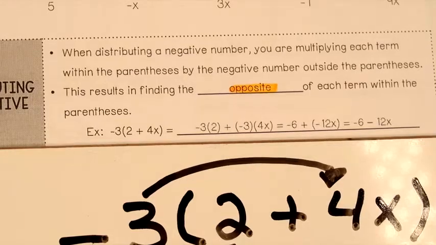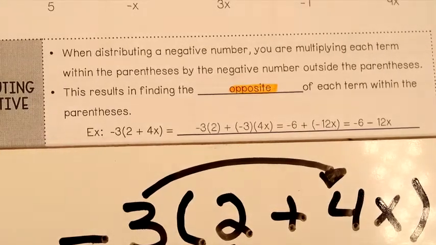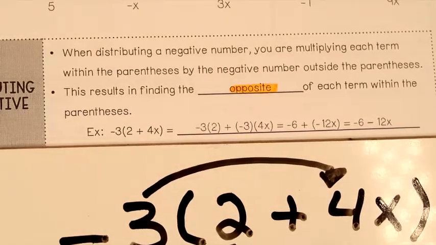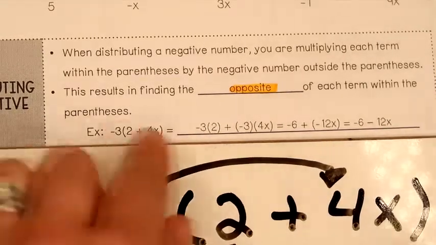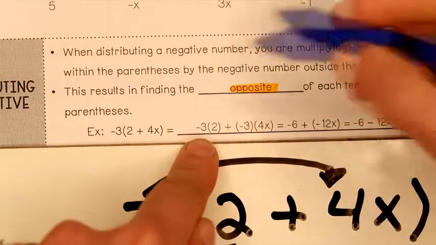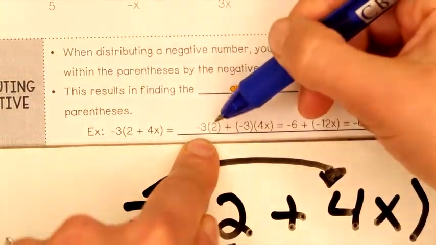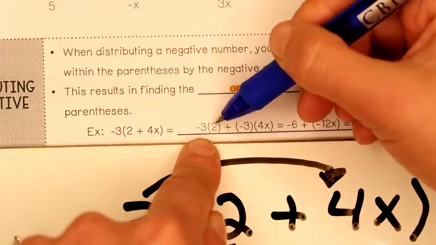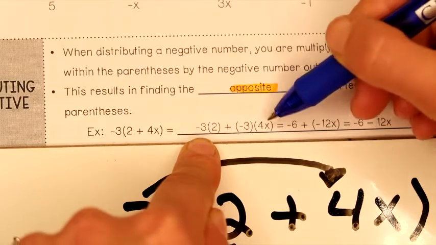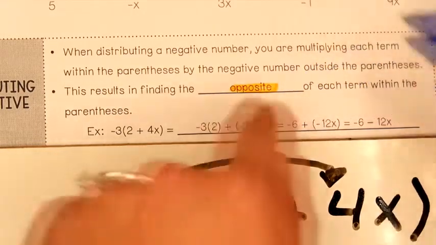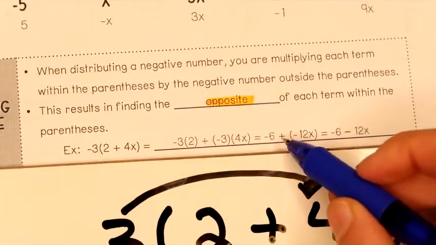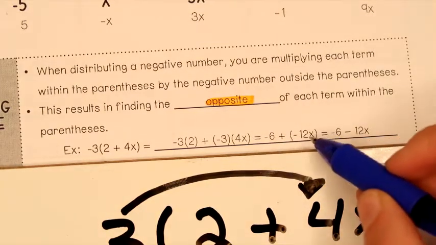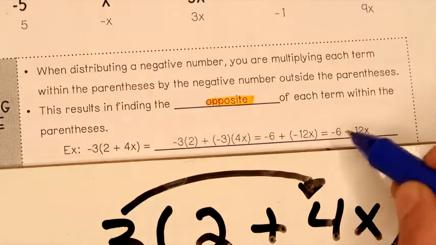I just showed you how to do the problem with arrows. That is easier for me to solve these types of equations, but for you, you might need to chunk it out by saying 3 times 2 plus negative 3 times positive 2 plus negative 3 times positive 4 equals negative 6 plus negative 12x equals negative 6 minus 12x.